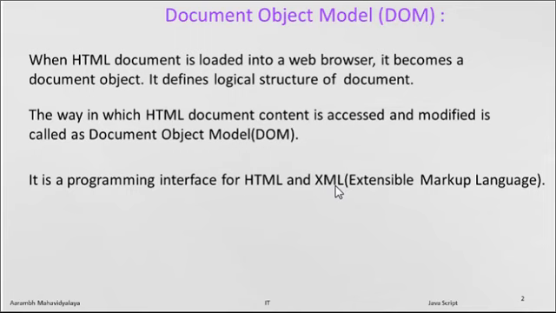You can easily find out that from the contents displayed on the screen, you can easily guess the logical structure of those contents. And the way in which HTML document content is accessed and modified is called the Document Object Model.